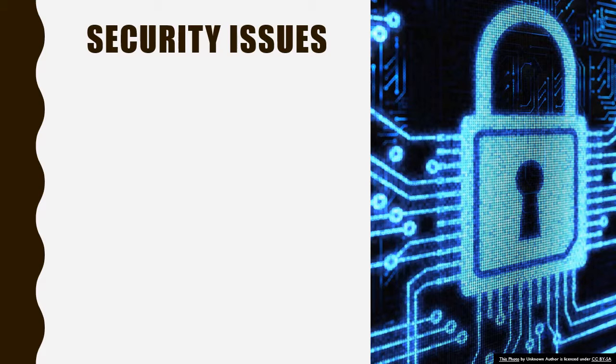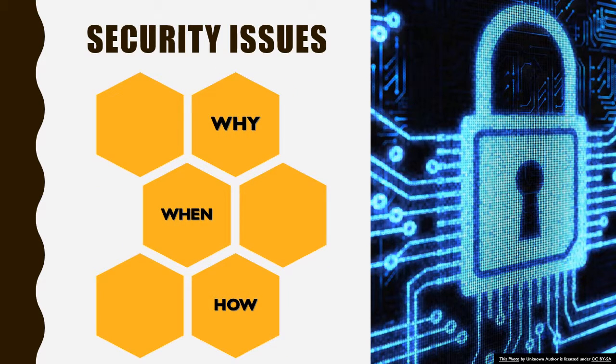Well, first of all we need to understand the security issues. Firstly, why I chose this topic and why we need to be concerned about security issues. There are so many reasons that data security should be an important area of concern for every person.